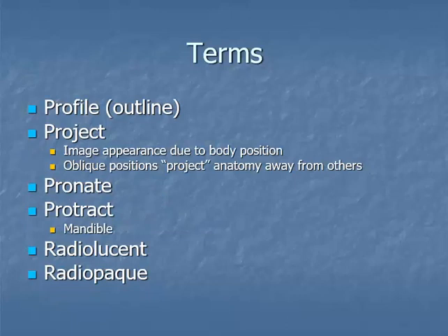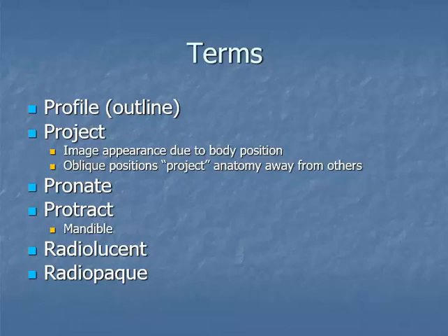Profile would be the outline of an image, like whenever we shoot an AP of the shoulder with the arm in external rotation, what we see is the greater tubercle in profile. So projection, we've got a couple of different things for projection. That's image appearance due to body position.